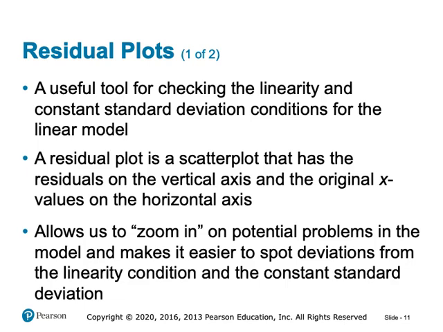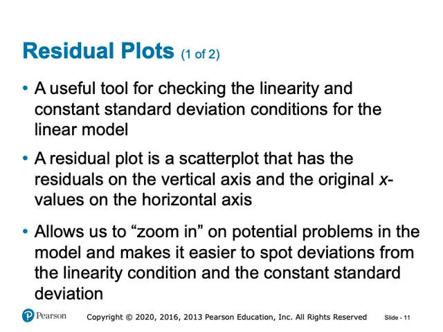By examining the pattern of residuals, we can more easily spot deviations from the linearity condition and assess whether the standard deviation is constant across all values of the predictor variable. For example, if the residuals are randomly scattered around the horizontal axis with no clear pattern, this suggests that the linearity and constant standard deviation conditions are likely satisfied.